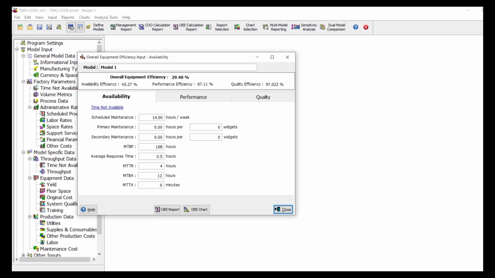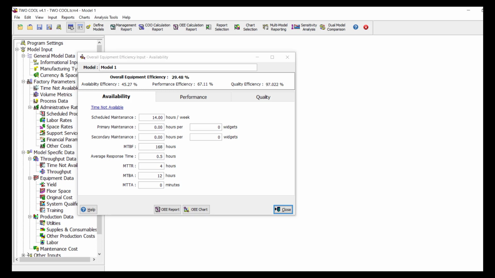Let's take a look at where there are opportunities for improvement in overall equipment efficiency. The Availability Inputs tab provides you access to scheduled maintenance, mean time between failure, average response time, mean time to repair, mean time between assist, and mean time to assist. Some factors that impact availability also impact the performance calculations and are included on that tab.